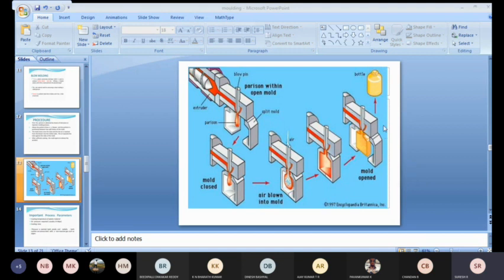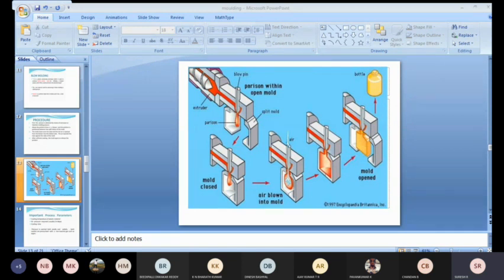Once the mold has been opened, we get the required shape, the hollow bottle-like structure. So what is the main output? It is used for producing hollow plastic parts. So this is the diagram, and this is how it is shown.